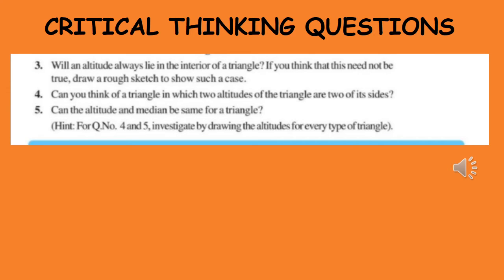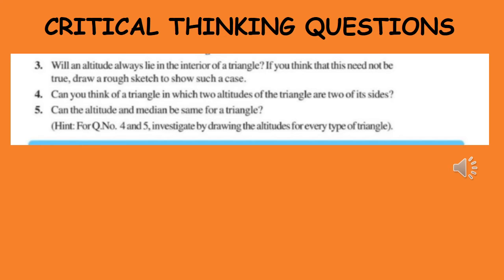Let us solve a few critical thinking questions on the concept we have learned so far. Will an altitude always lie in the interior of a triangle? If you think that this need not be true, draw a rough sketch of 3 different types of triangle.